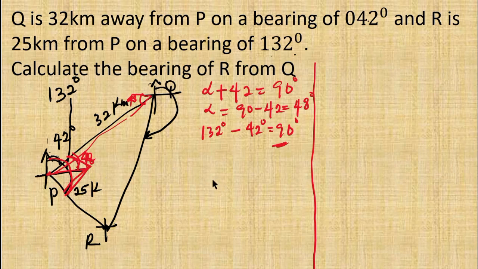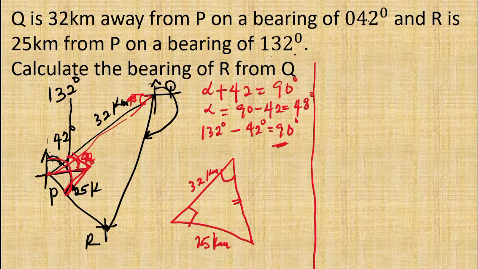Now I can redraw my triangle this way and this way. Here is 90 degrees, so that this becomes the hypotenuse of the triangle. Here is 32 kilometers. Here is 25 kilometers.